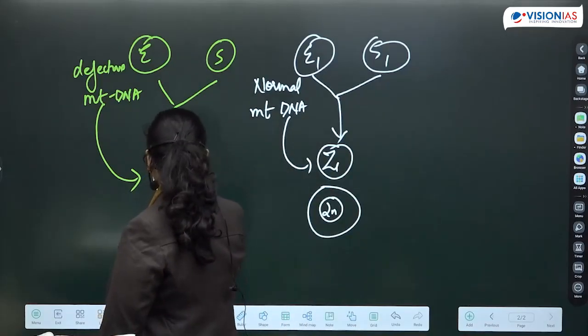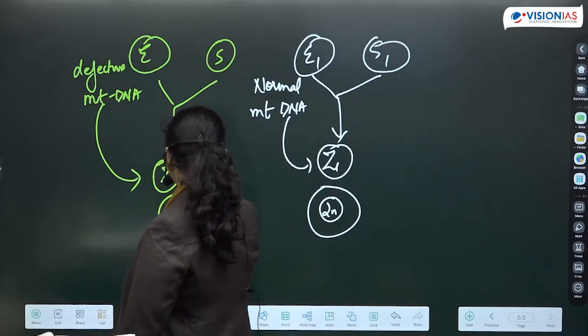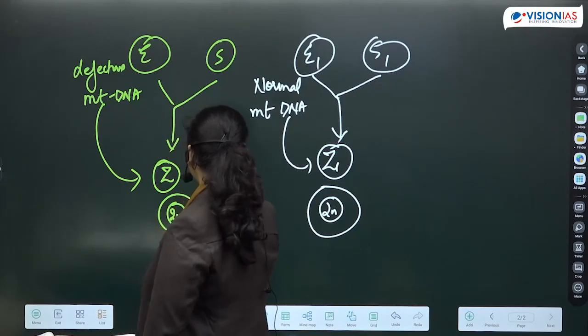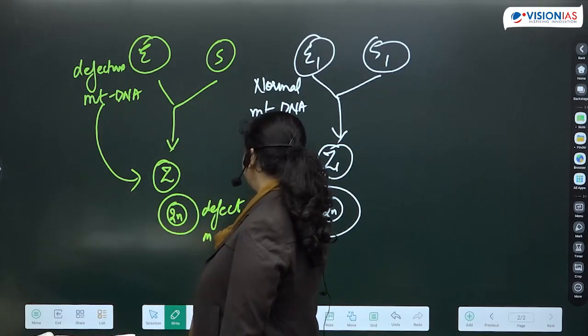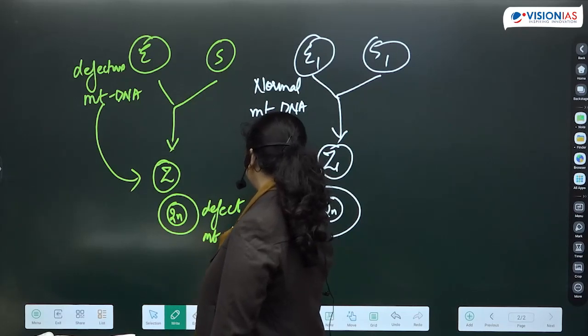Second case में again you had 2n number of chromosomes but defective mitochondrial DNA.